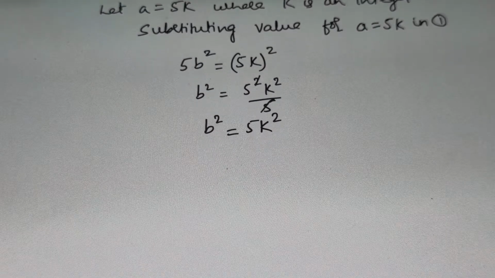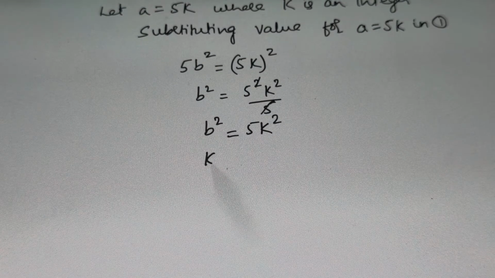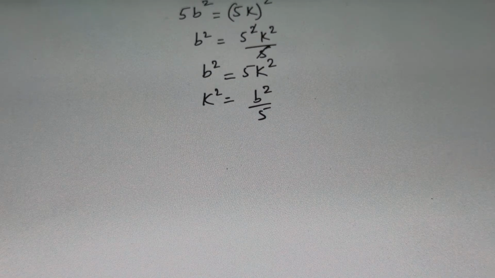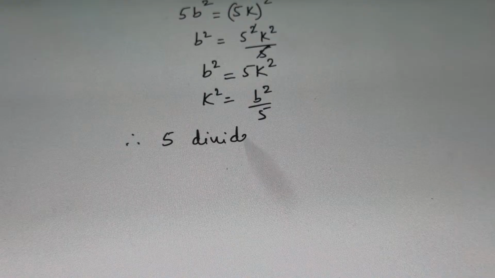So now it is clear that 5 can divide. So k square, cross multiplying 5, we get b square by 5. It is very easy and clear that 5 can divide both b square and b.